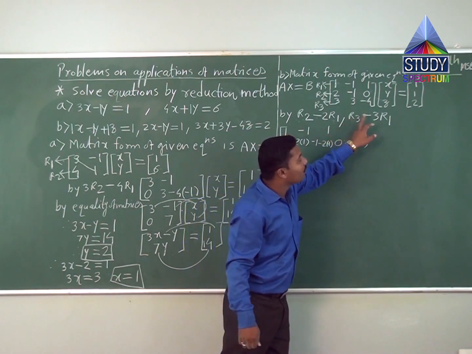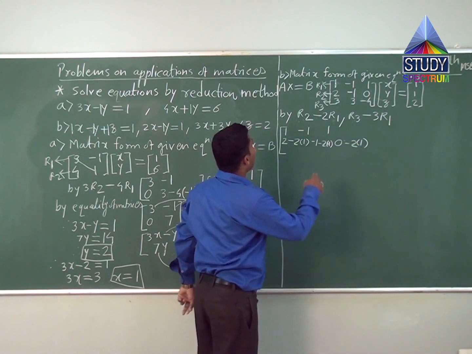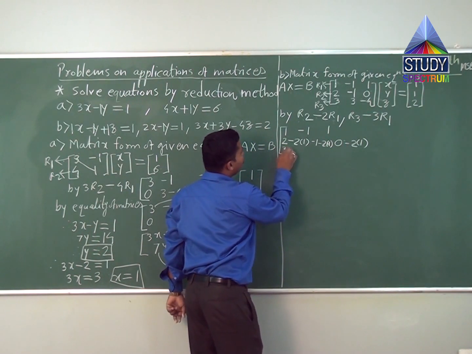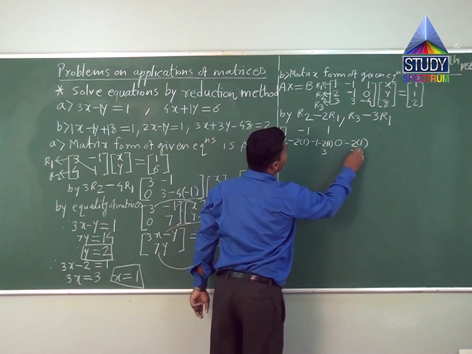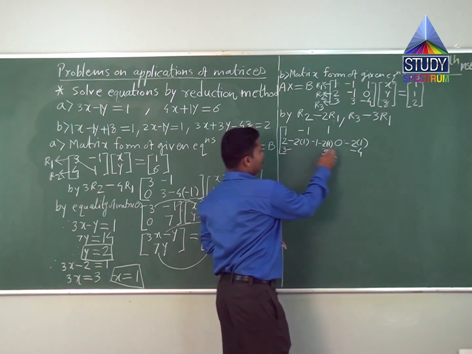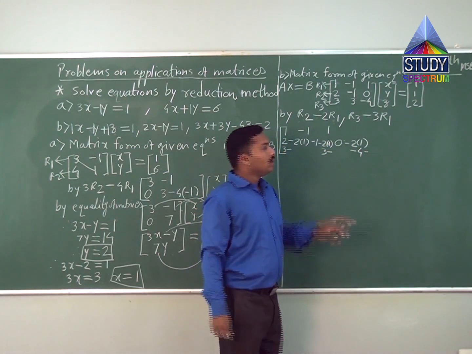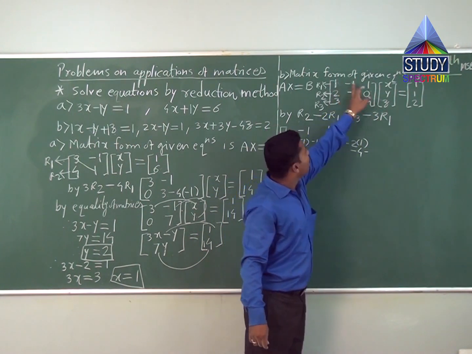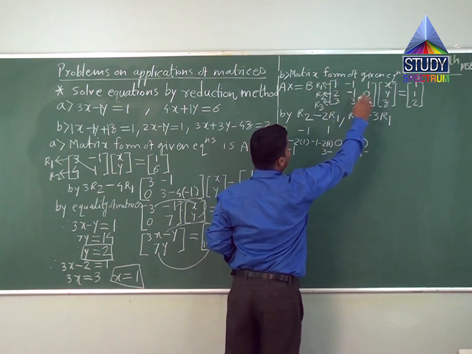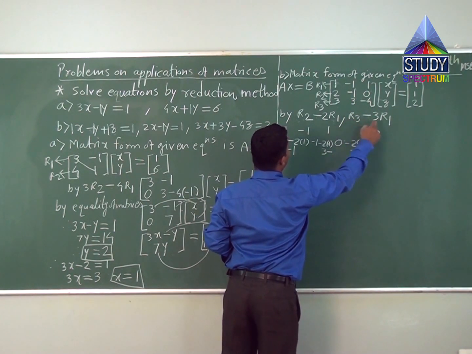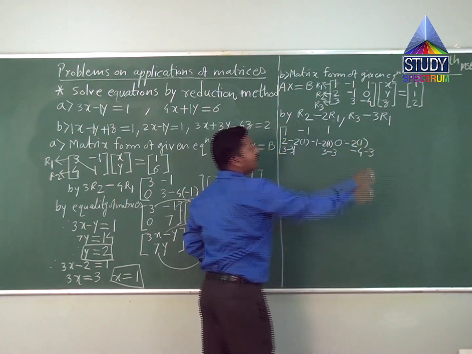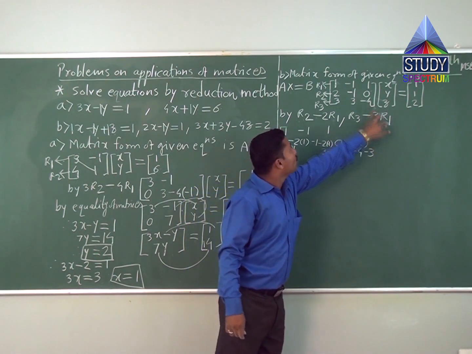Similarly for R3 minus 3R1: write R3 as it is, 3, 3, -4, then minus 3 times the numbers of R1.